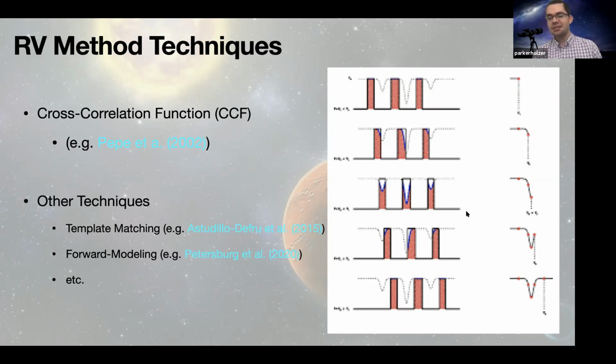And the radial velocity that it's minimized at would be your estimated radial velocity. And that's the basic idea of the cross-correlation function.